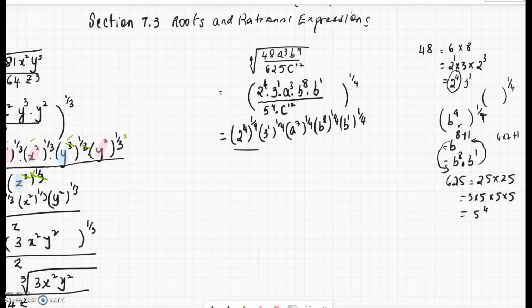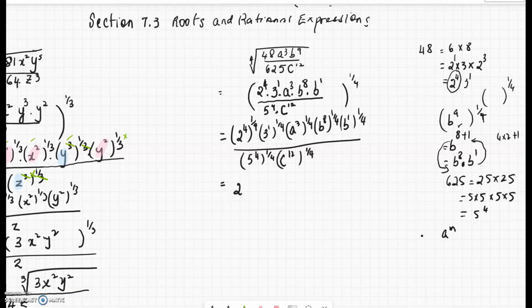The whole divided by 5 to the 4th, to the 1/4, c to the 12, to the 1/4. And I'm just going to expand this one more step. So just this is as a review of everything we've done.